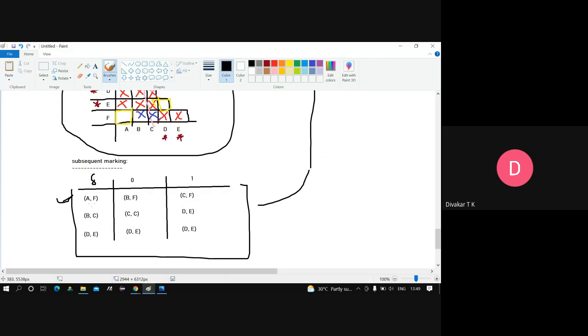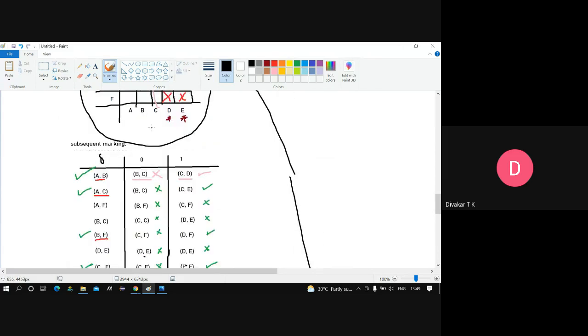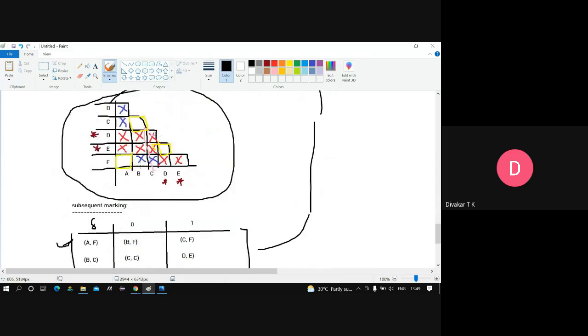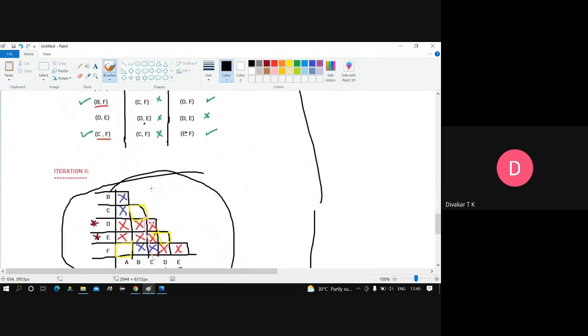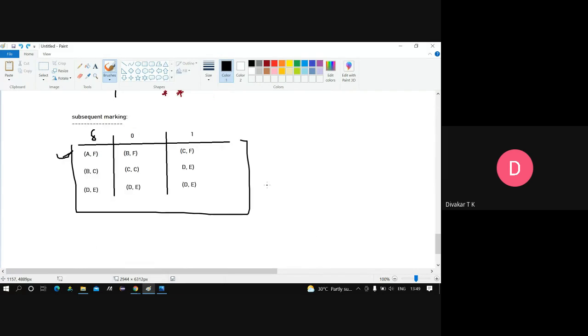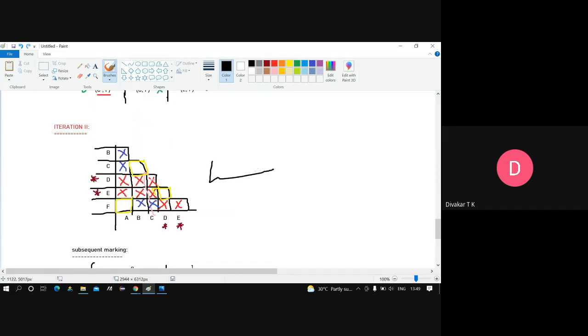Obviously, guys, if you check A, B there, you didn't get a marking, so you think here also you will not get it if you refer to the same. Hey, that is not the way, guys. Once you write this one, for subsequent marking, you have to check in this table only.